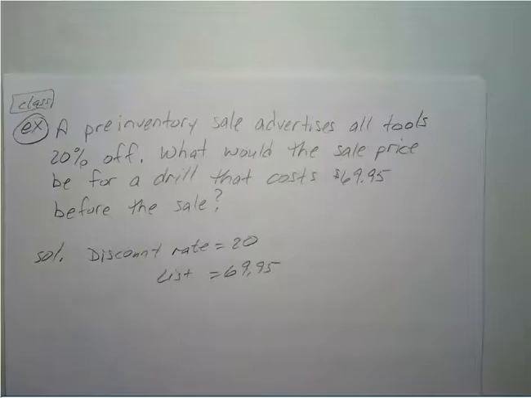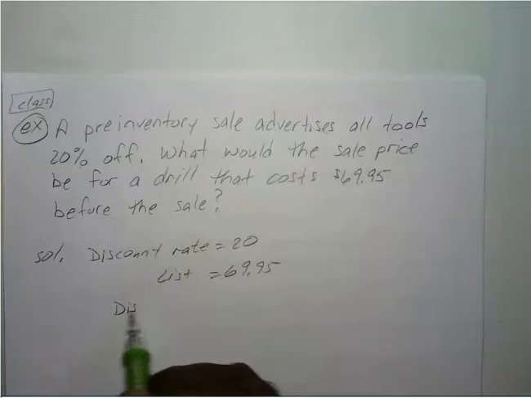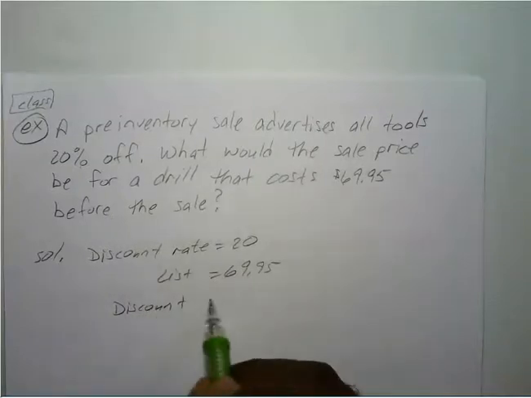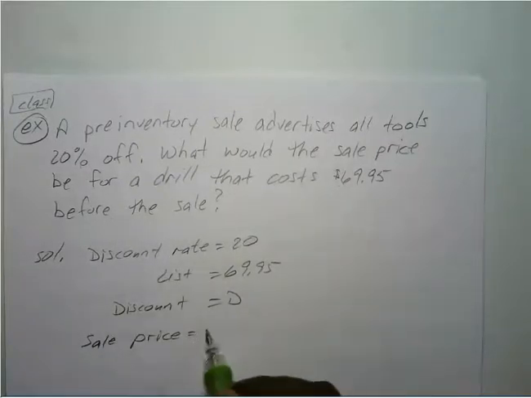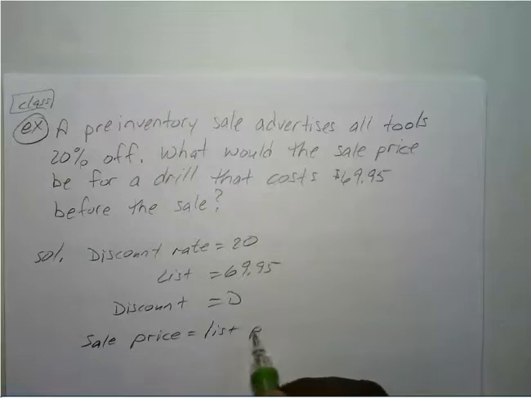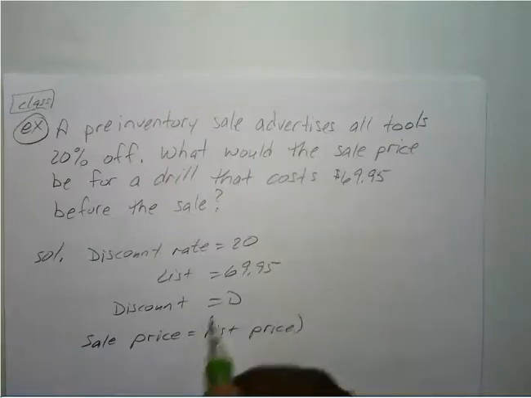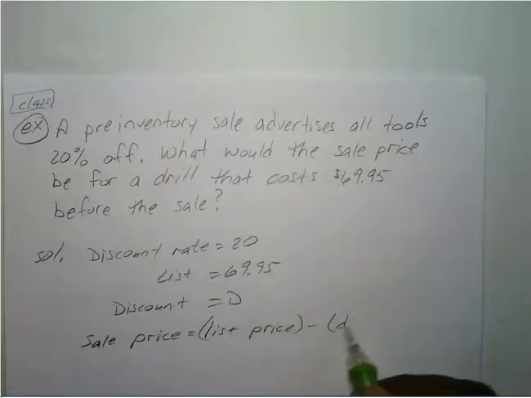Okay. Now, one thing we're looking for is the sale price. So, if we find the discount, then we can use that to find the sale price. So your sale price is equal to the list price minus your discount.